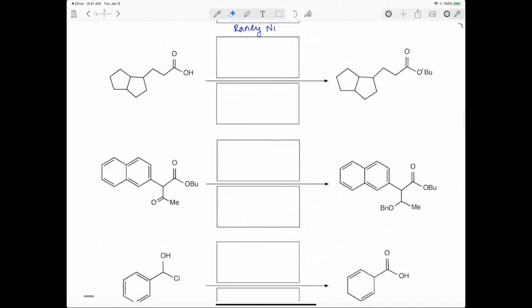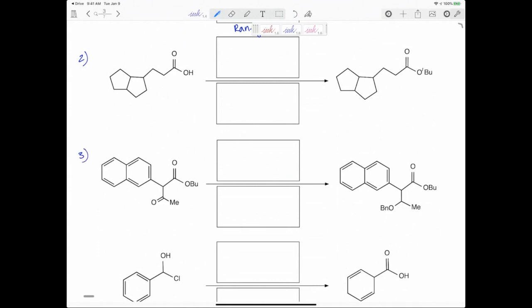All right, the next two questions are something that I like asking students because I want to test your knowledge and your understanding of what's going on. Okay, what functional group are we working with in question 2 and question 3?